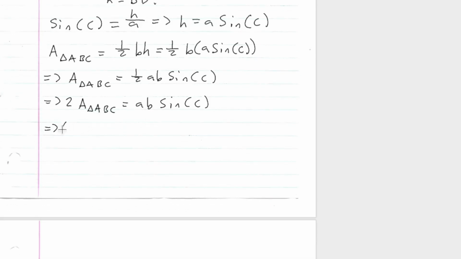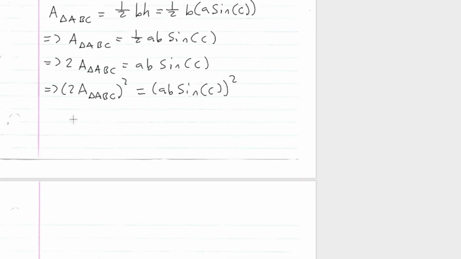So I'm going to square 2 times the area of triangle ABC, and I'm going to square ab sine of C. All right, so this is 4 times the area of triangle ABC squared is equal to a squared b squared sine squared of C.